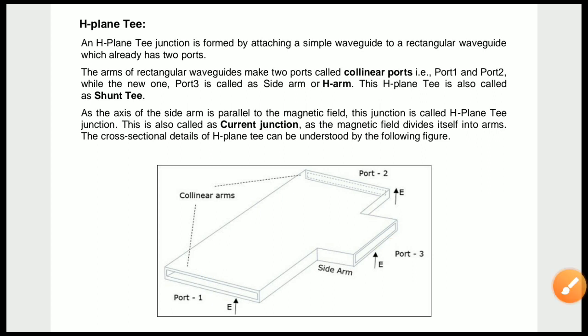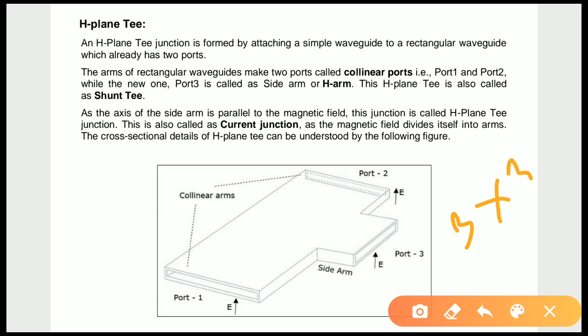As we can see, for the H plane T there are 3 ports, so its scattering matrix becomes 3 into 3, that means 3 rows and 3 columns, and you have to find out its scattering coefficients. So please be prepared for the scattering matrix.